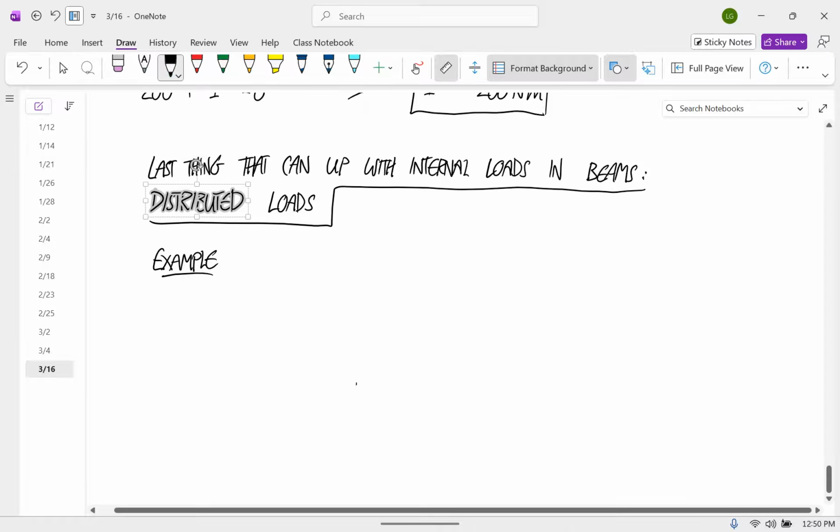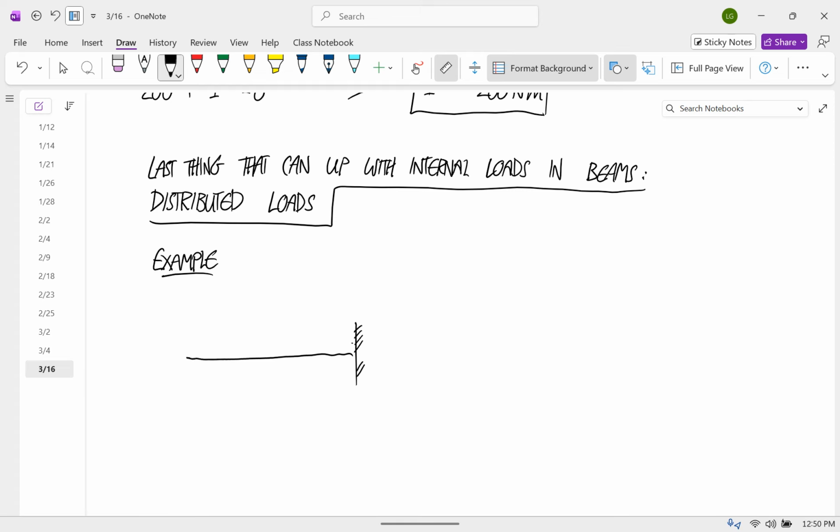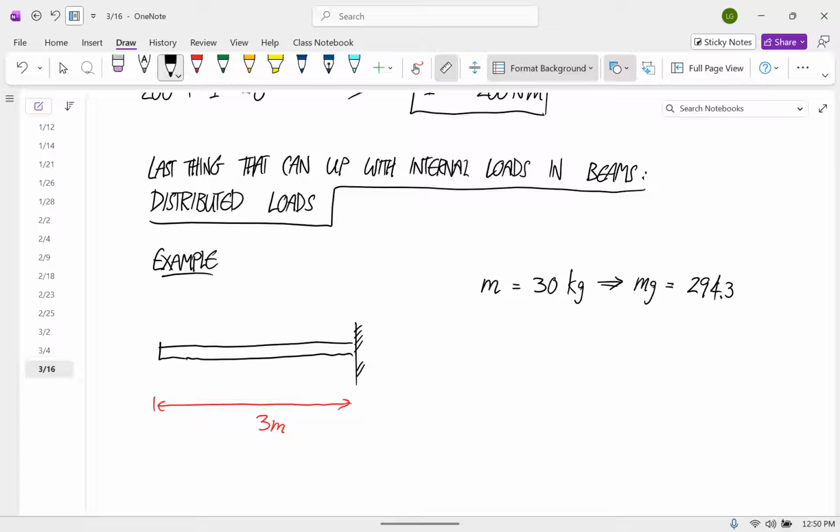So let's say that we have a cantilever beam like this. And we'll say that the length is 3 meters. And we'll say that the mass is 30 kilograms. Which means that the weight is that times 9.81, so 294.3 newtons.